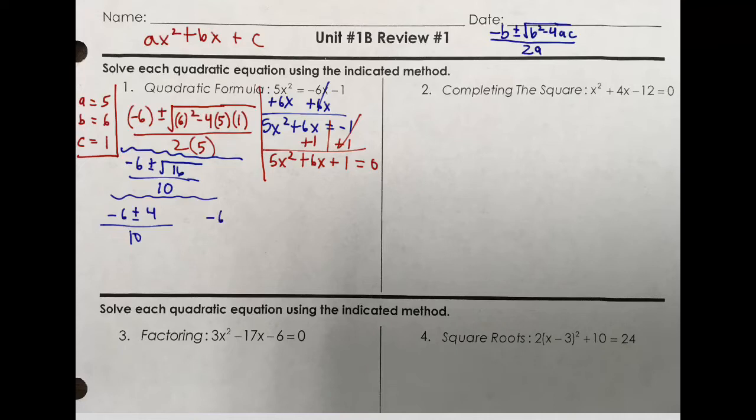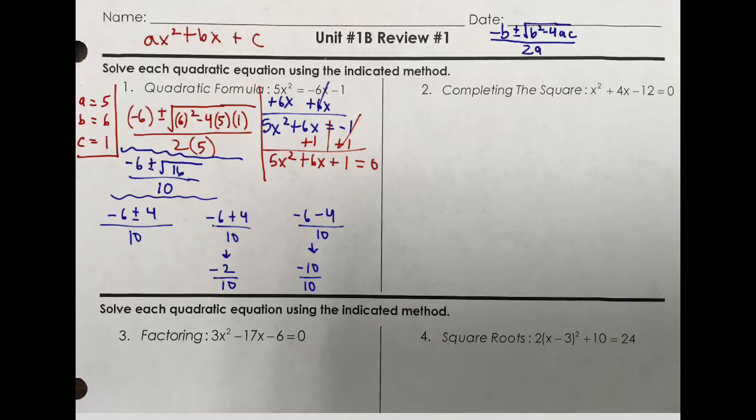We have negative 6 plus 4 over 10, and negative 6 minus 4 over 10. This is equal to negative 2 over 10. And this is equal to a negative 10 over 10.